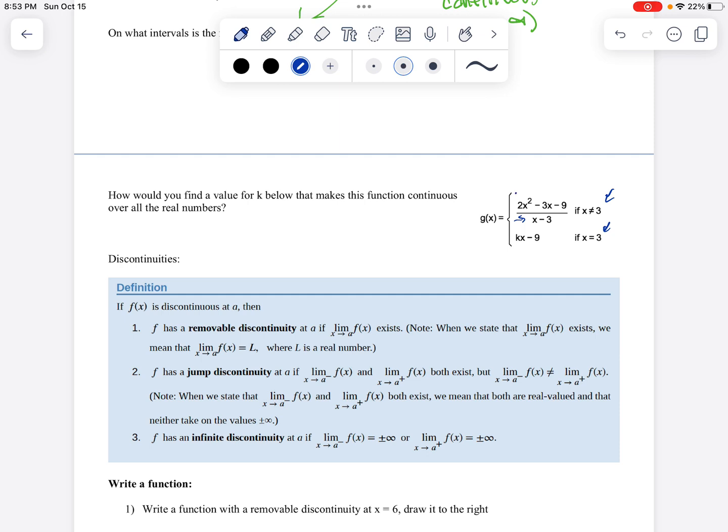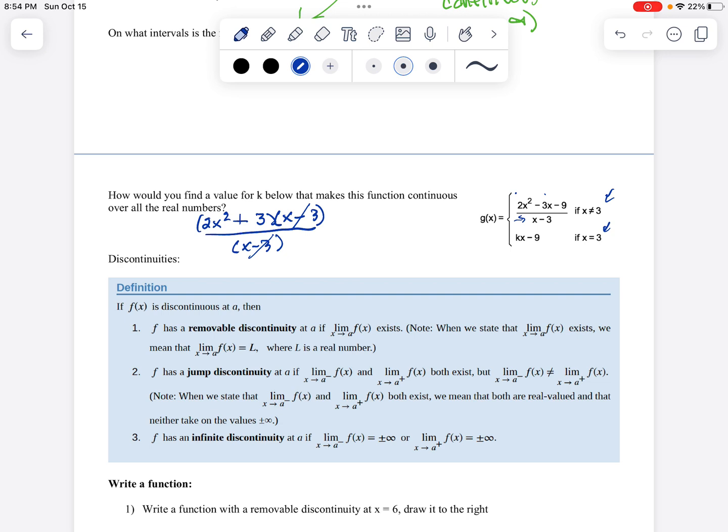Let's see if this factors. So 2x squared... let's see if it factors and the x minus 3 comes out. So I would have -6 plus 3, which would give me -3 in the middle. So it does. So this is a point discontinuity.